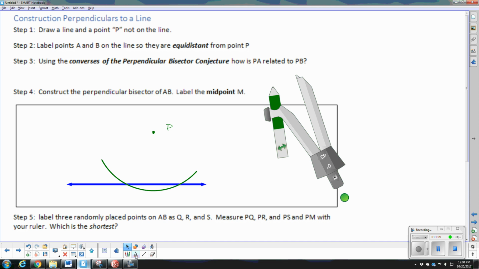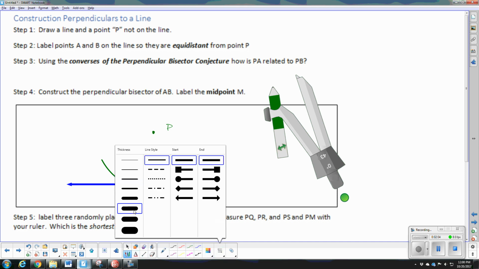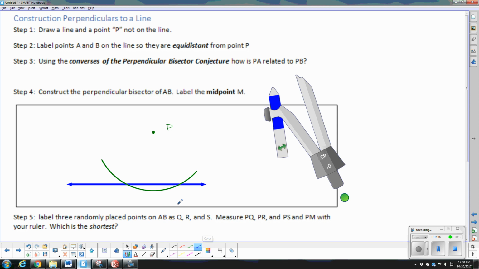Okay, so here are my 2 points, and I'm going to label them A and B. Here's A, and here's B. So those 2 points are equidistant from point P.